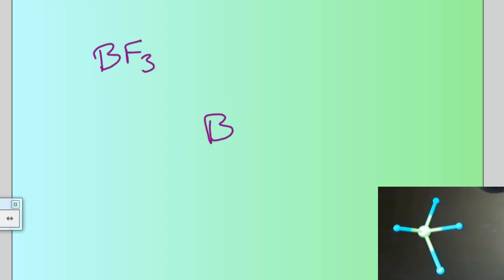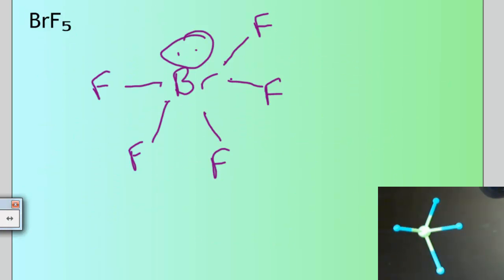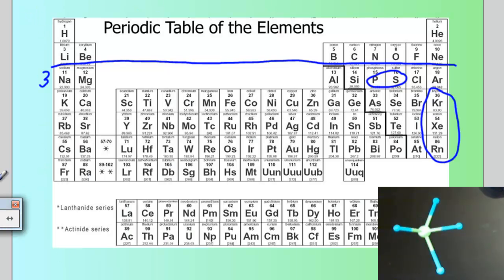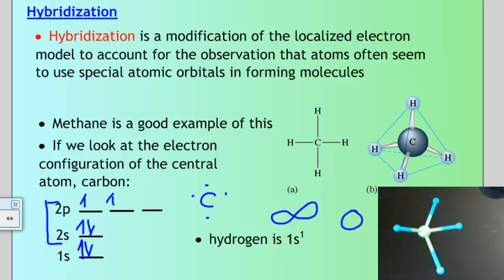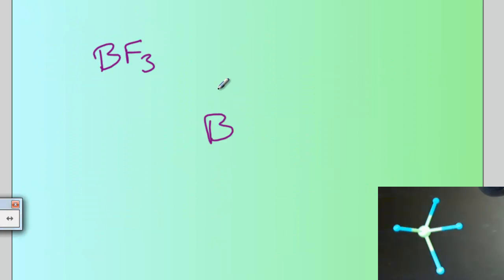So you start to draw that. You say, okay, boron, hold on. I don't do a lot of boron, so let's go back and look at the periodic table. Boron right here: 1, 2, 3 valence electrons, right? Already I know I'm going to have some issues, that I'm probably not going to have a normal molecule, that I'm probably working on an exception. How do I know that?